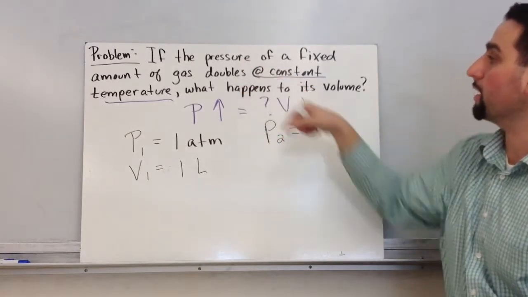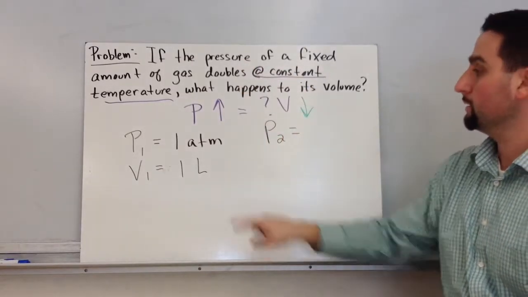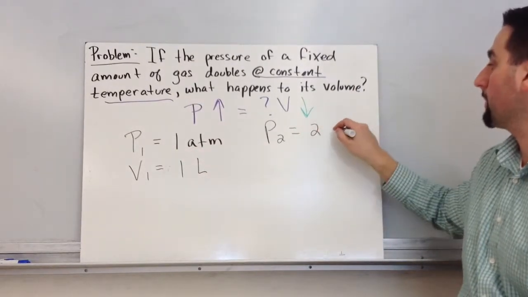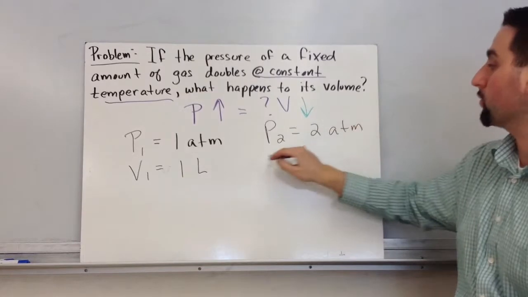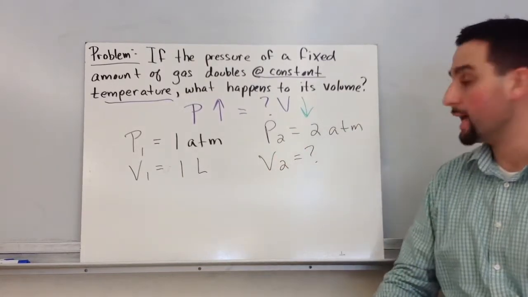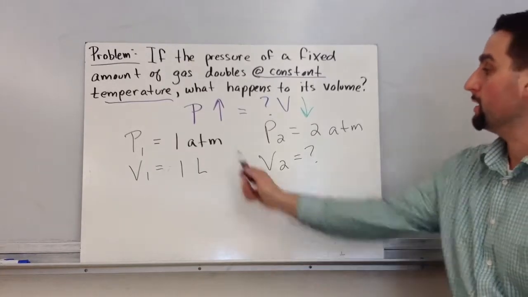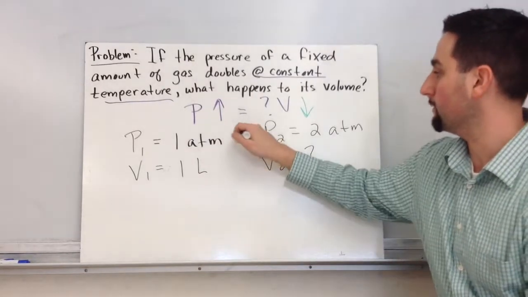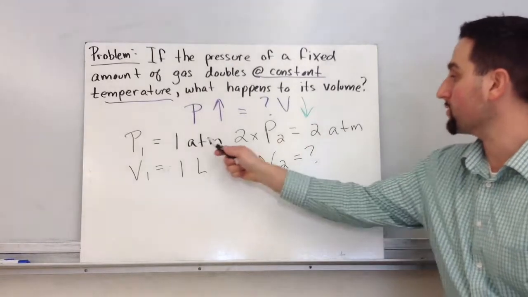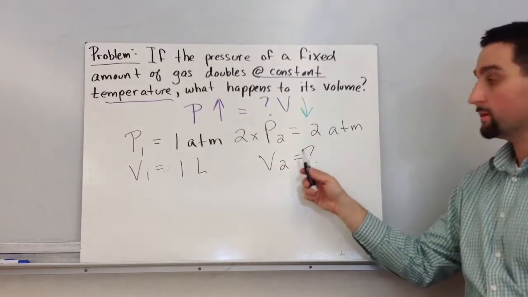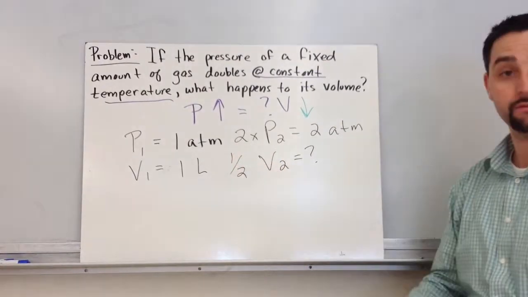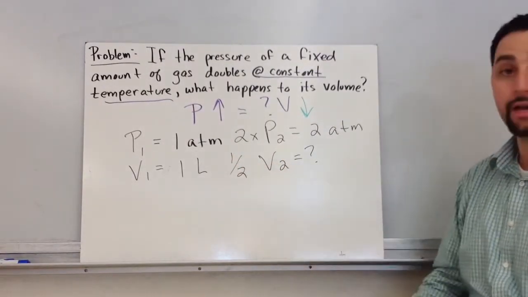If the pressure doubles from 1 to 2 atm, the question asks, what's going to happen to the volume here? Let's think about this. So this is doubling, right? If the pressure doubles, then the volume should do the inverse. It should halve itself. Let's figure this out algebraically.